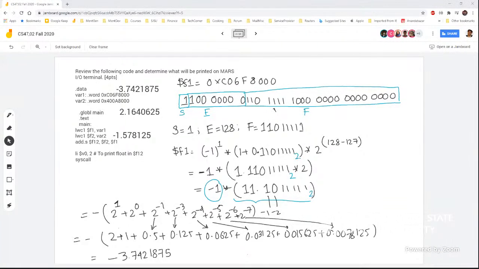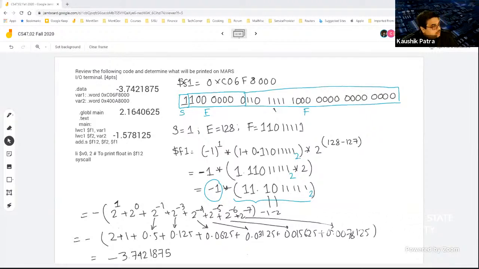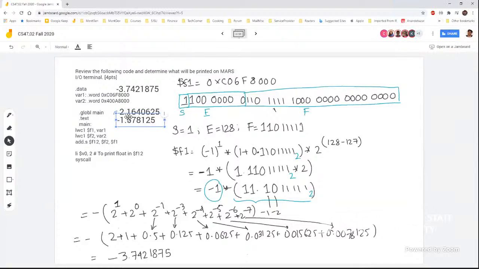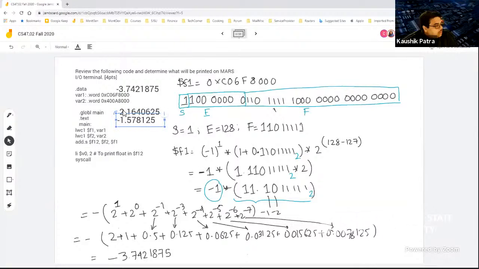Yeah, let's recheck. So this is 12816, right, so this is 5781. Oh yeah, it was a typo. That's right. Now if I add back, I'll get this one. So that will be printed on your MARS terminal.